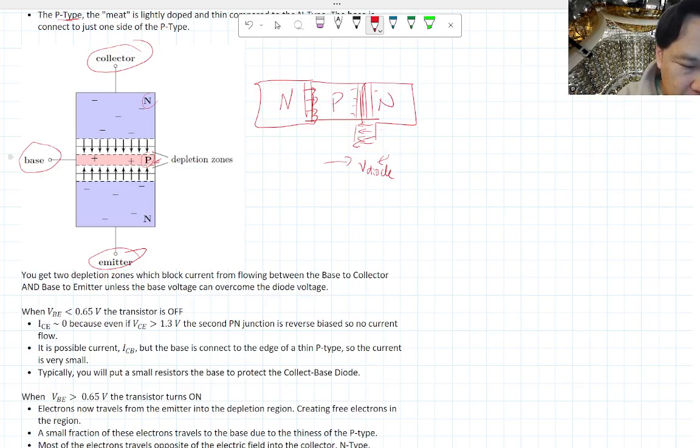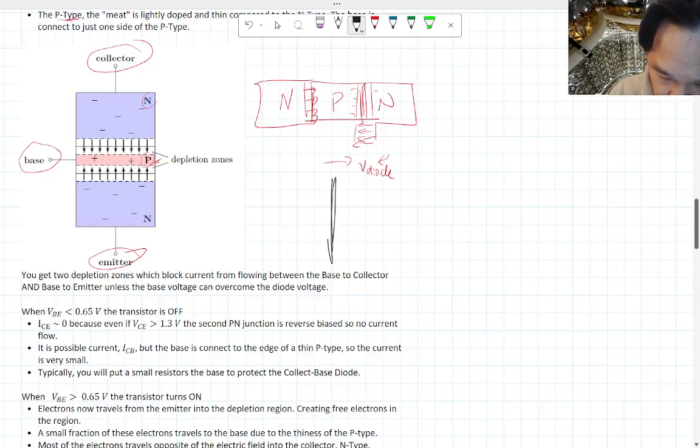Then it basically becomes a diode where you always have one direction or the other being reverse biased. Remember that when you have a diode, let me draw this.